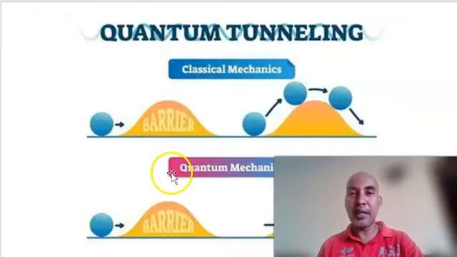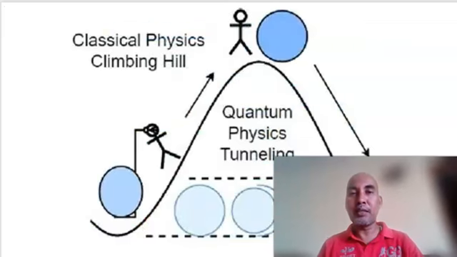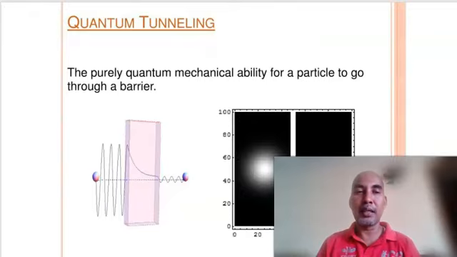Traditionally, the barrier has to be crossed over, but what tunneling says is we can penetrate through. So if you trap a particle inside a box or a potential well, where the particle doesn't have the energy to overcome the barrier, still we can find the particle outside the barrier. This is the concept of quantum tunneling.